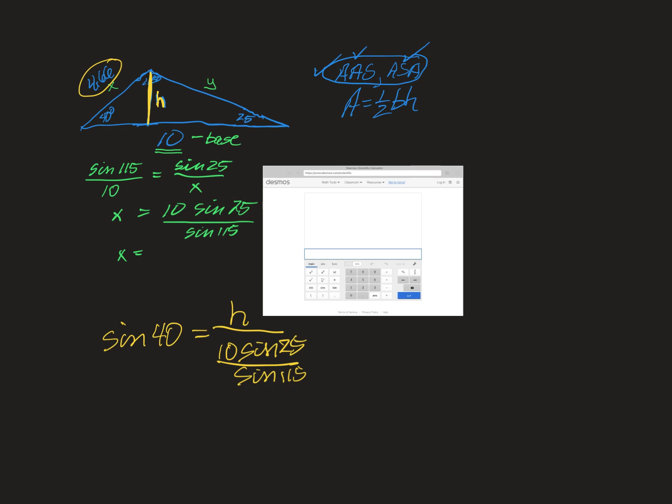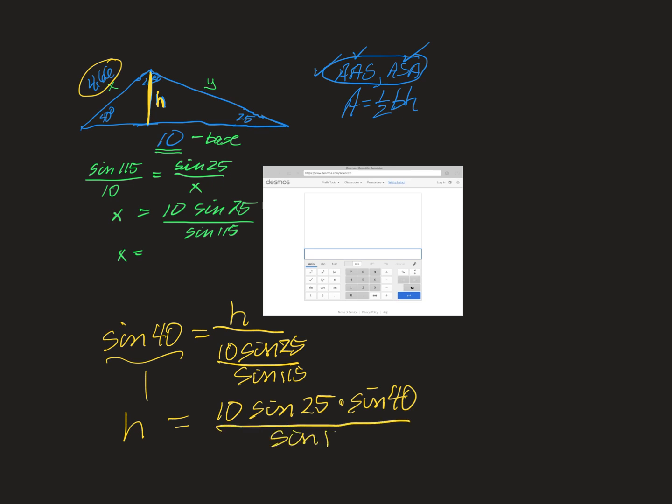Well, when I cross multiply here, because this is sine 40 over 1, I end up getting h equals 10 times the sine of 25 times the sine of 40, all right, divided by the sine of 115.